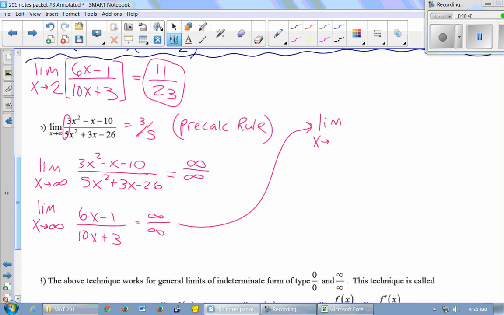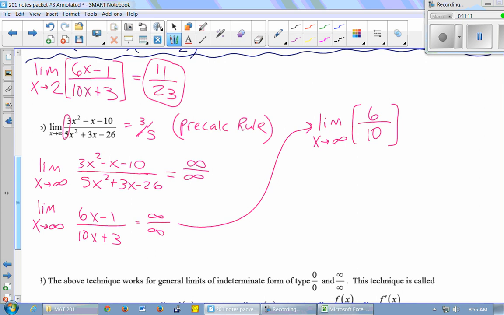So the limit as x goes to infinity of 6 over 10. Yes, that's what L'Hopital's rule says, because the denominator is going to infinity a little bit faster than the numerator.